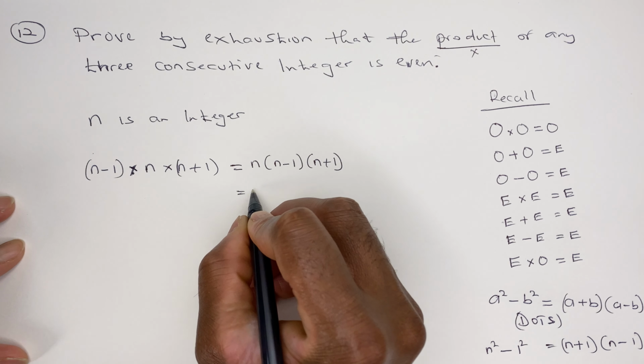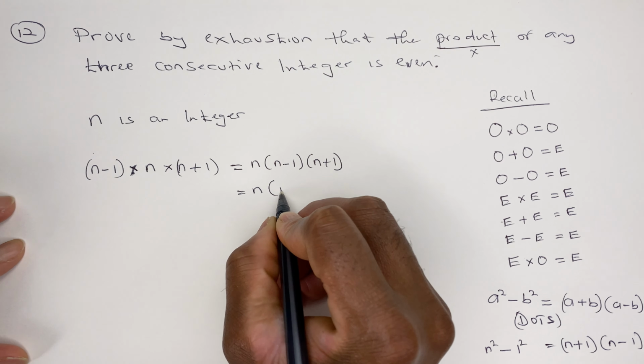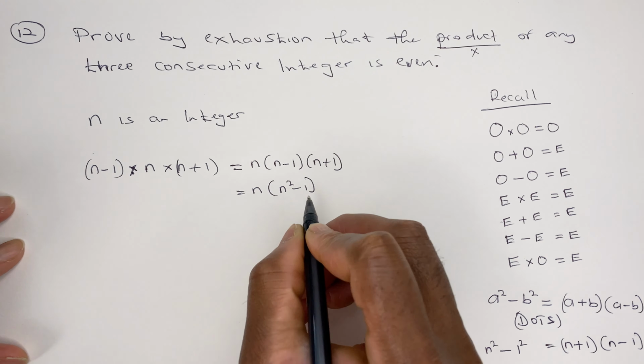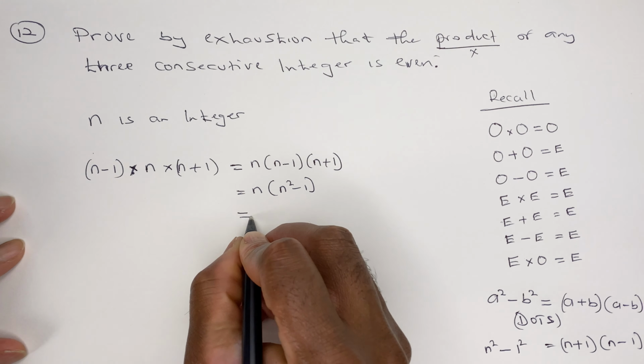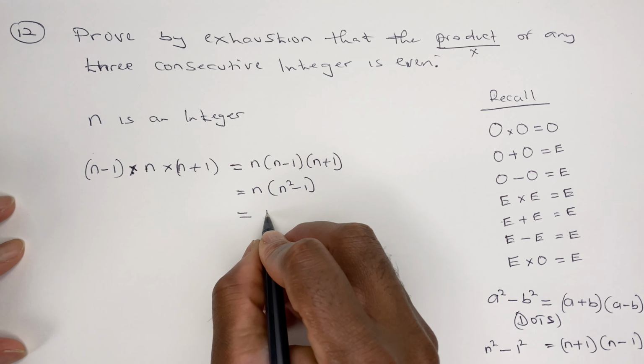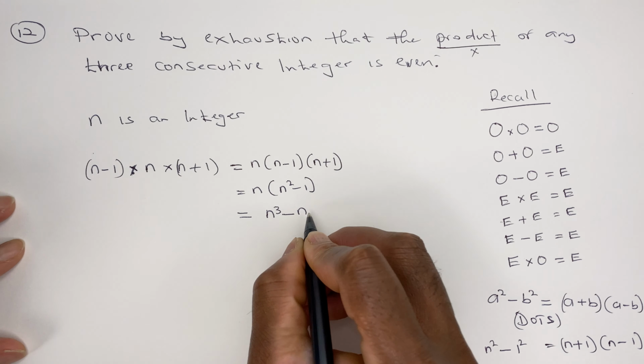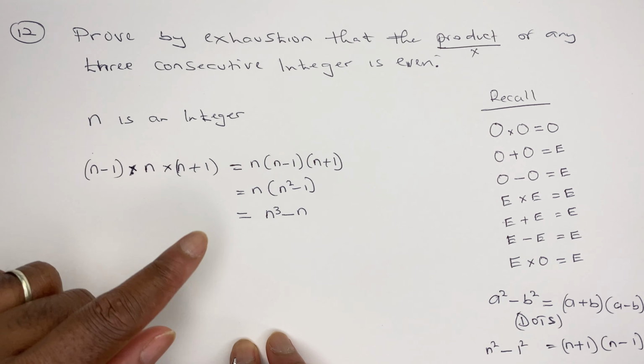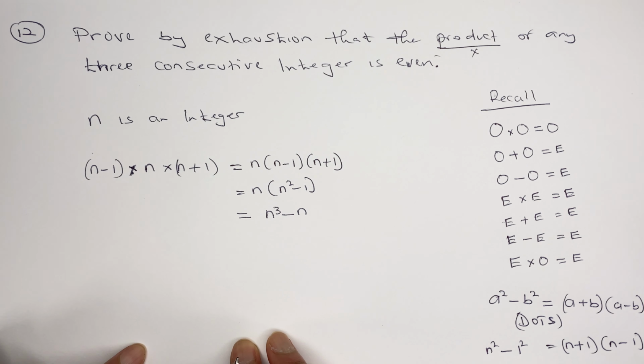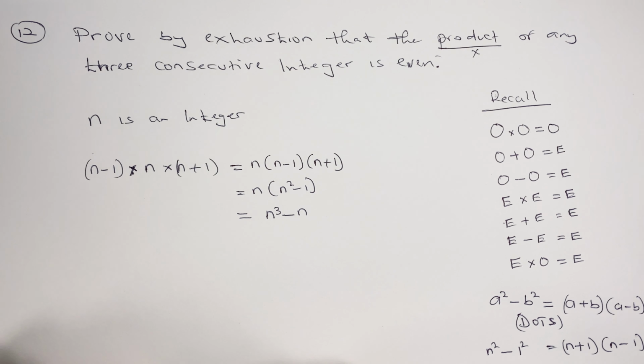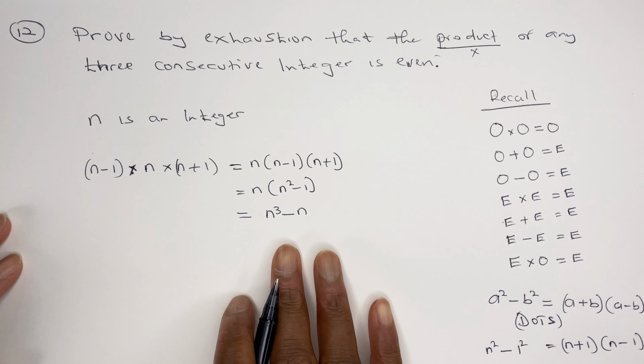So I would have n into bracket n squared minus 1. And if I multiply that out again, I will get n cubed minus n. So that's the formula for multiplying three consecutive integers together. But how do we prove this is going to be even number?